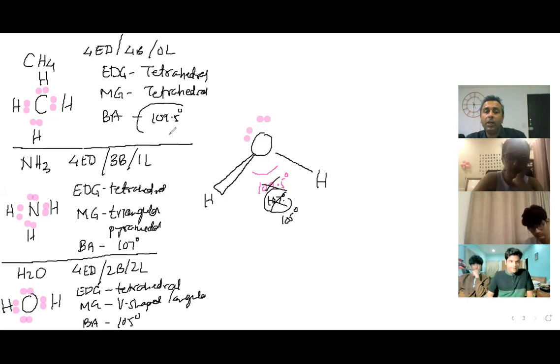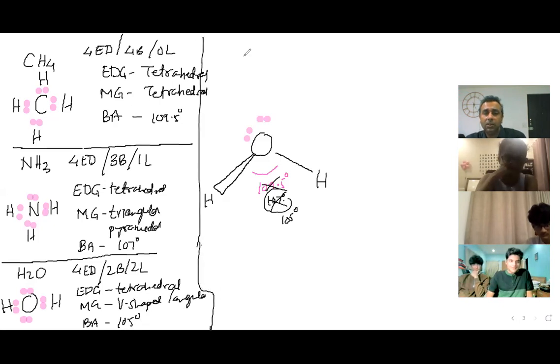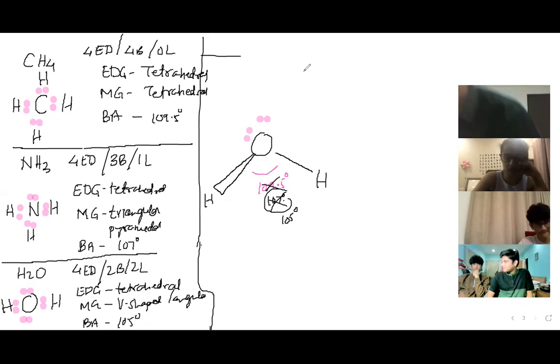So all 4 bonded, 109. 1 lone, 107. 2 lones, 105. Okay, so all these statistics you need to remember. It's given in the info book. And you can also remember that just logically.